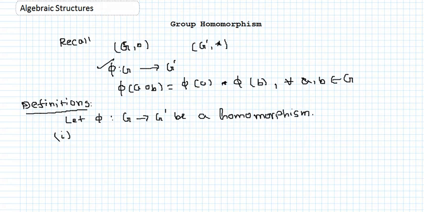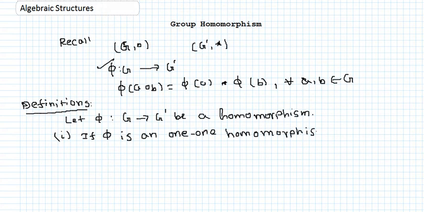If phi is a one-to-one mapping, a one-to-one homomorphism, then phi is said to be a monomorphism.